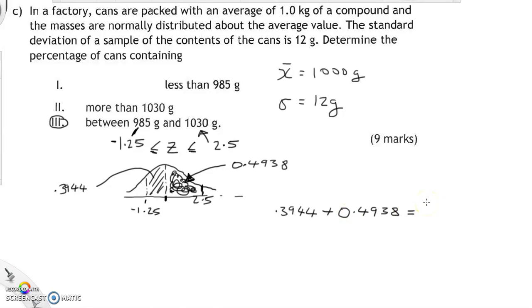Let's see what that comes to. 0.3944 plus 0.4938, and I get 0.8882, and that represents the area under the normal curve between positive 2.5 standard deviations and minus 1.25 standard deviations.